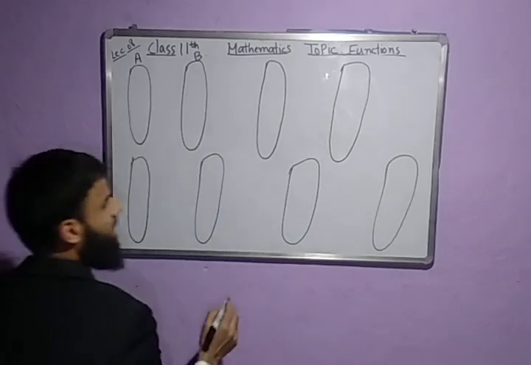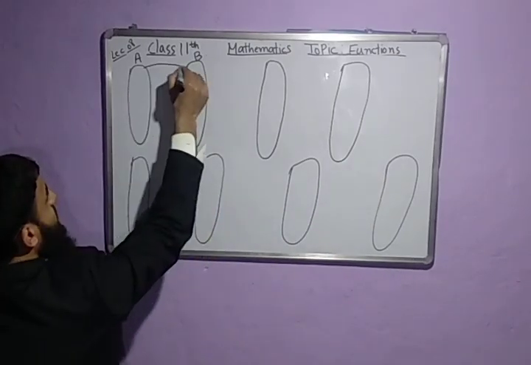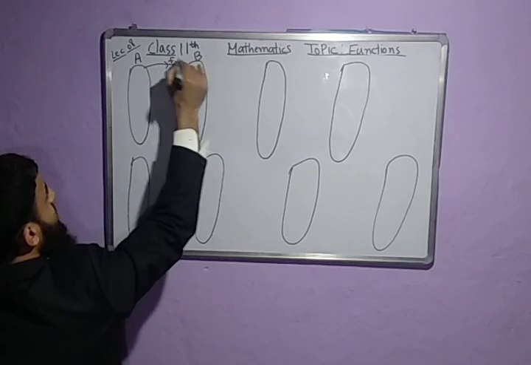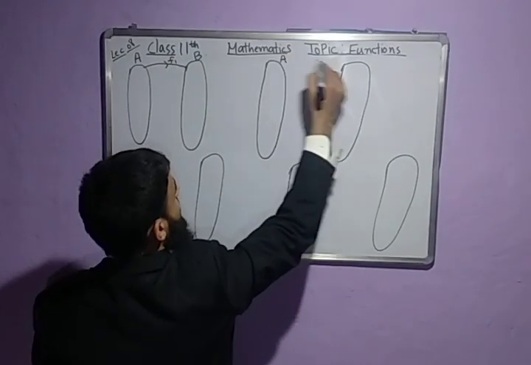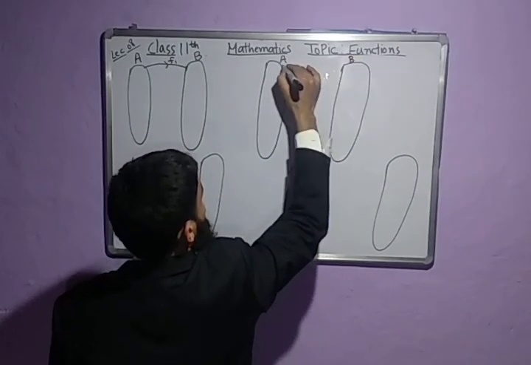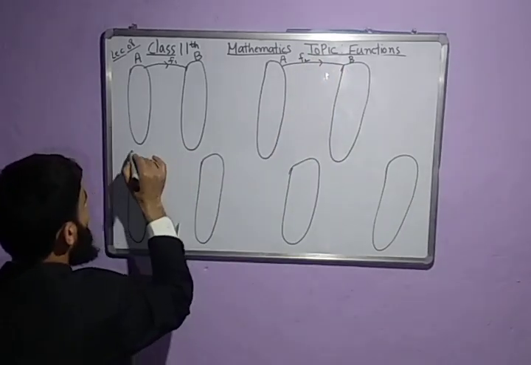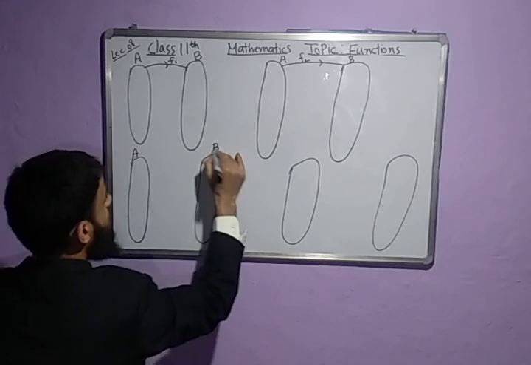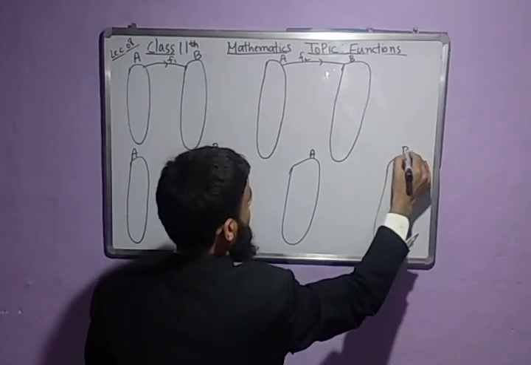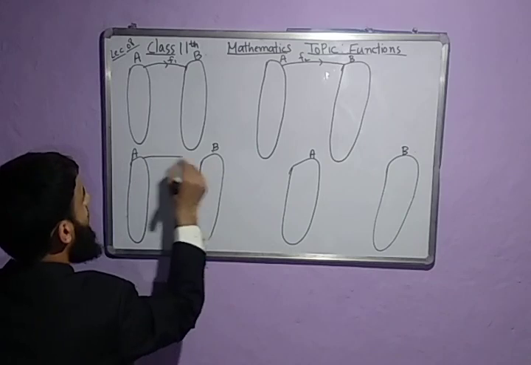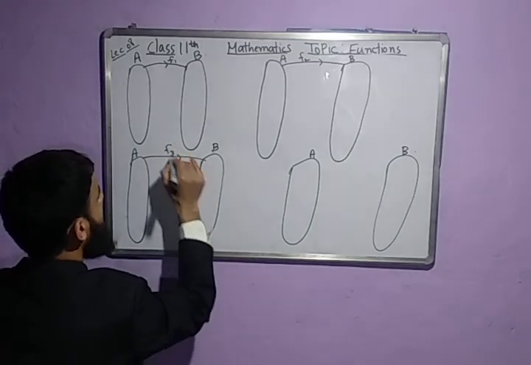Now let's suppose this is my function f1 and this is also set A, this is also set B. So this is my function f2 and this is set A, set B, set A, set B. And this is my function f3.